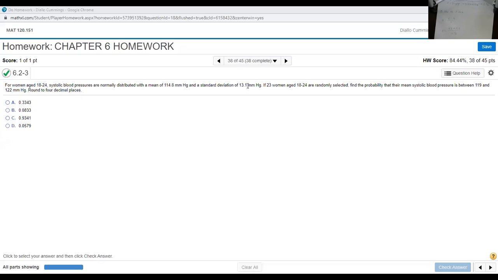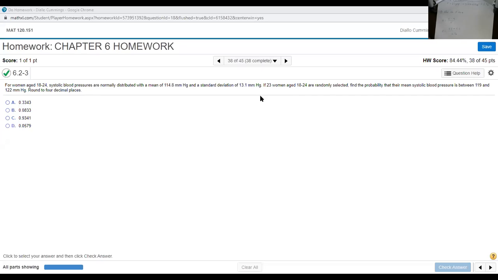For women aged 18 to 24, systolic blood pressures are normally distributed with a mean of 114.8 and a standard deviation of 13.1. If 23 women aged 18 to 24 are randomly selected, find the probability that their mean systolic blood pressure is between 119 and 122. We're asked to round to 4 decimal places.